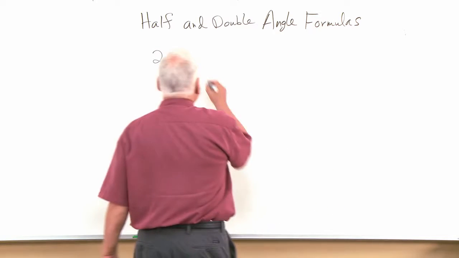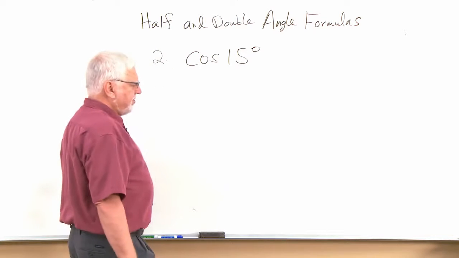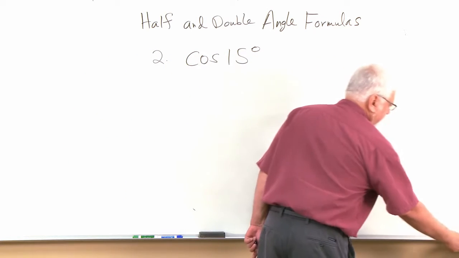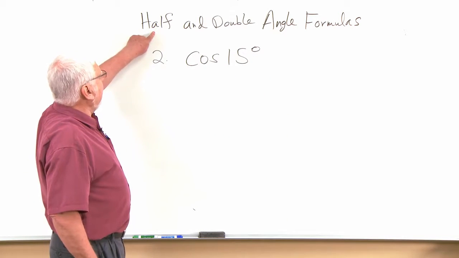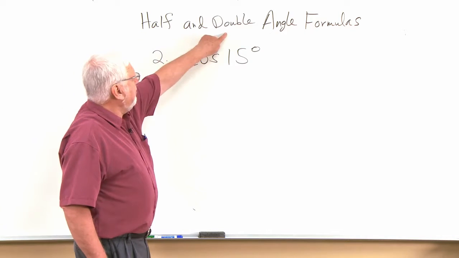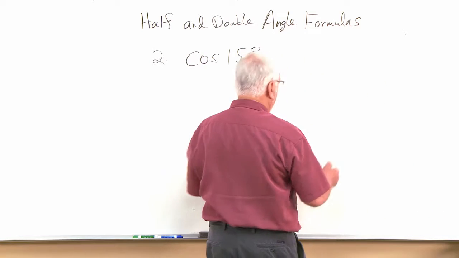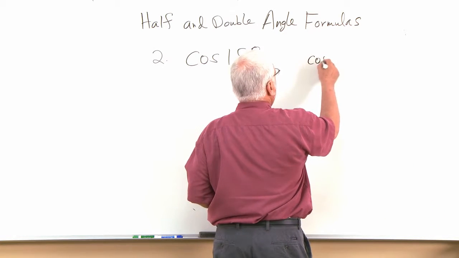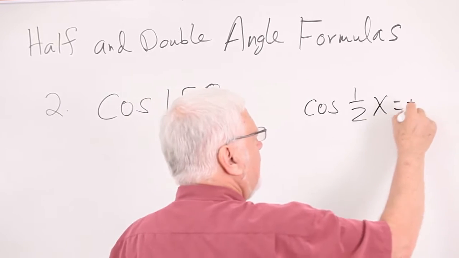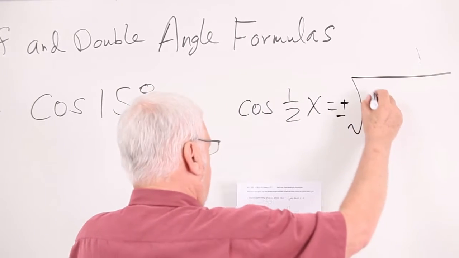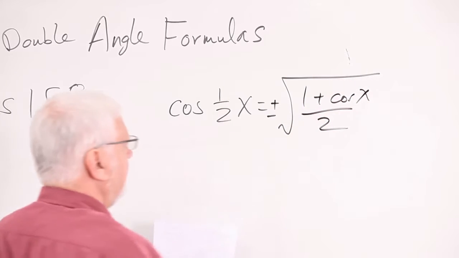So now let's try to find the cosine of 15 degrees. That's our goal. So we have to figure out how we can do that. Well, now we're going to use the half angle formula, and before we used the double angle formula. Now if we look at our formula sheet, our formula says that the cosine of 1/2 of x equals plus or minus the square root of 1 plus cosine x over 2.